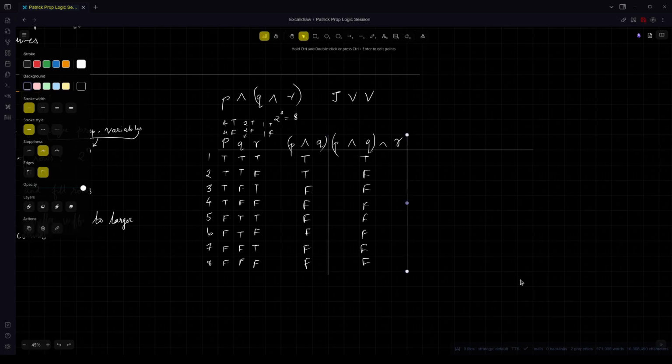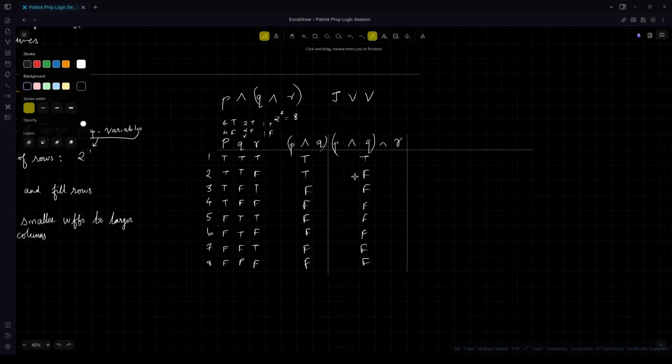Okay. So we wanted to check. So this is one of the forms, right? The other form is going to be like this. So we have already figured out the table. We have already figured out the column for this because we literally declared this as a variable, right? And the next one we want to figure out is this. Okay, so that's Q and R. Right?